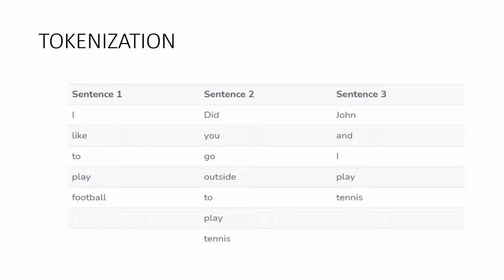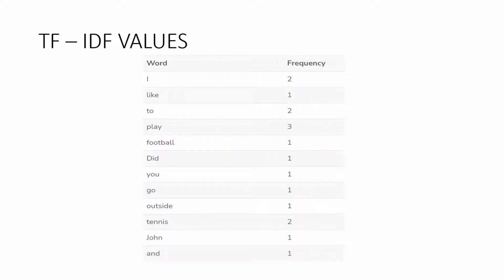Step 2 is to find the TF-IDF values. Once you have tokenized the sentences, the next step is to find the TF-IDF value for each word in the sentence. As discussed, the TF value refers to term frequency and can be calculated as follows.